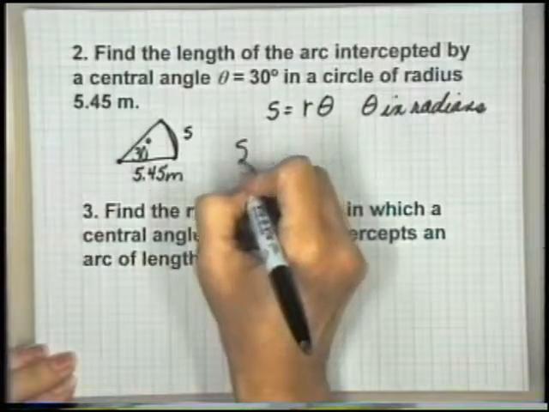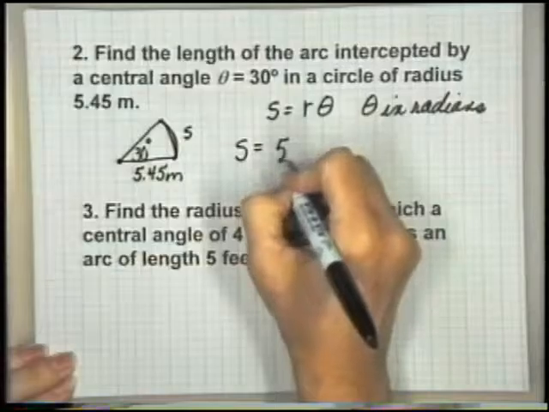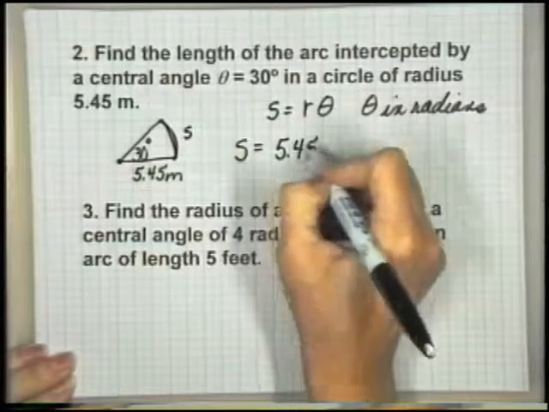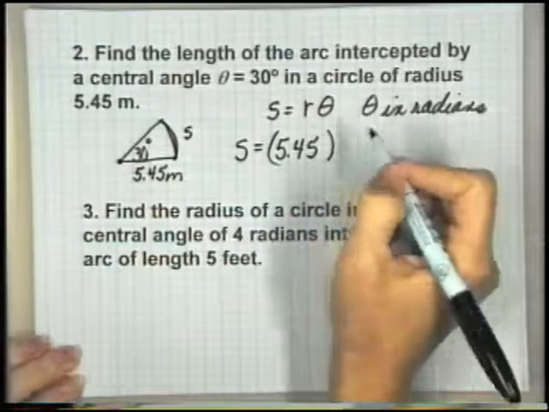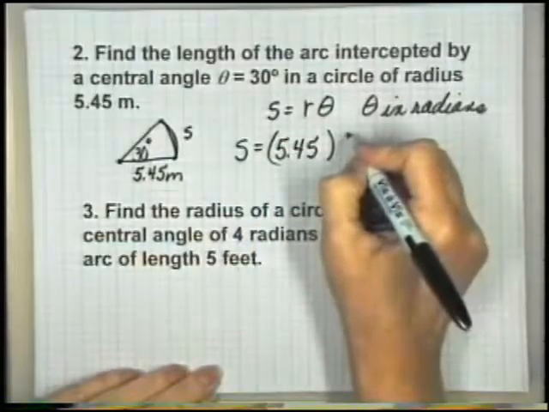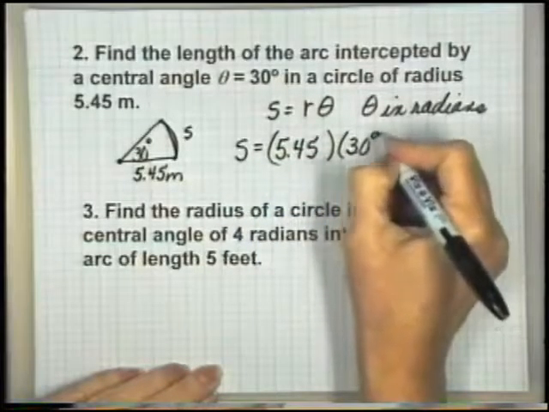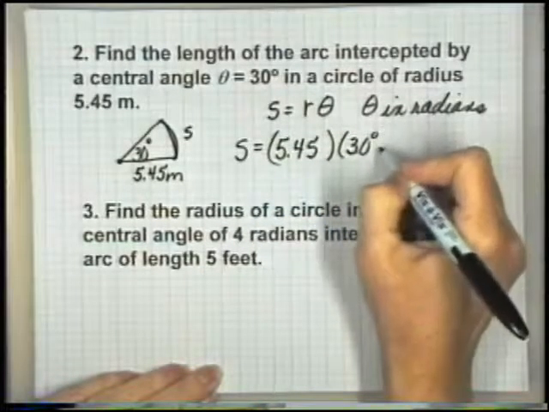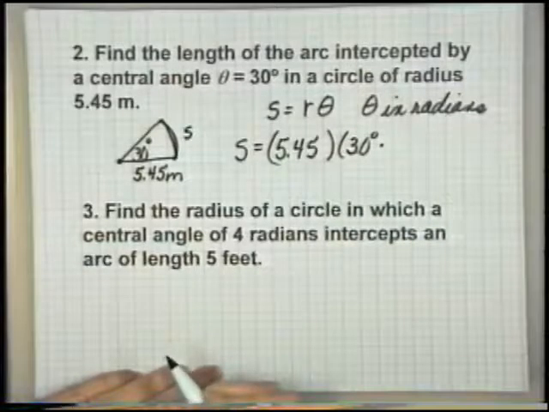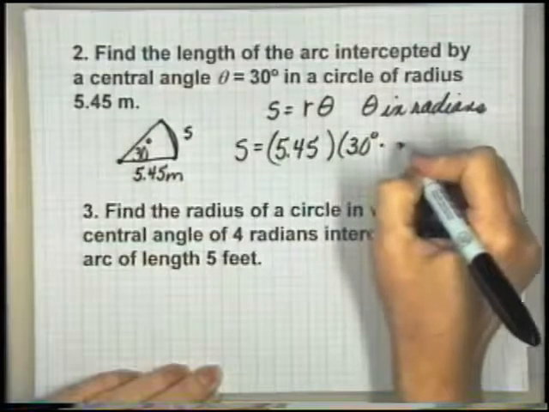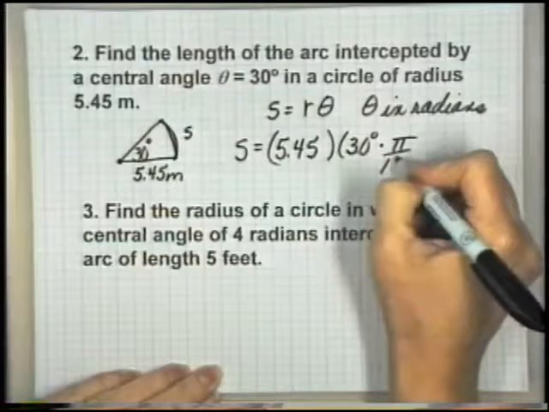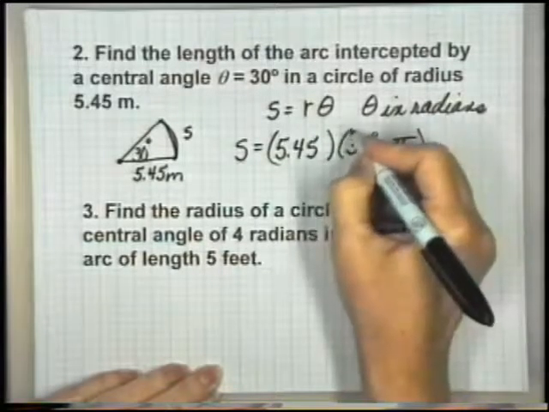So here's what I do with it. Let's put our r, of course that's 5.45 meters, and then I write my theta in degrees, but we know how to convert degrees to radians. We know that we multiply by pi over 180.